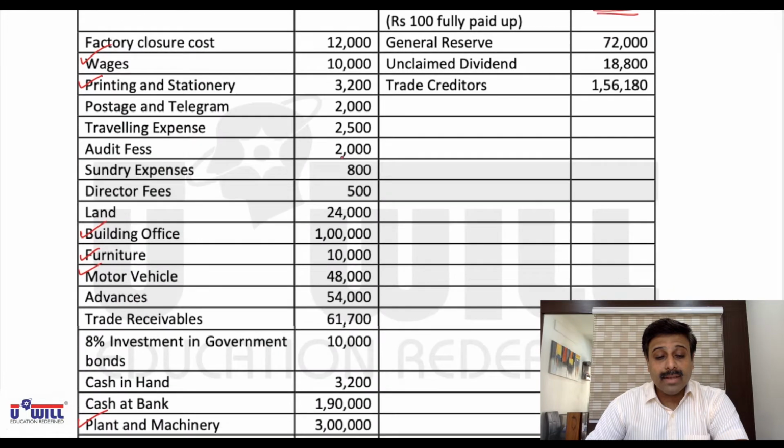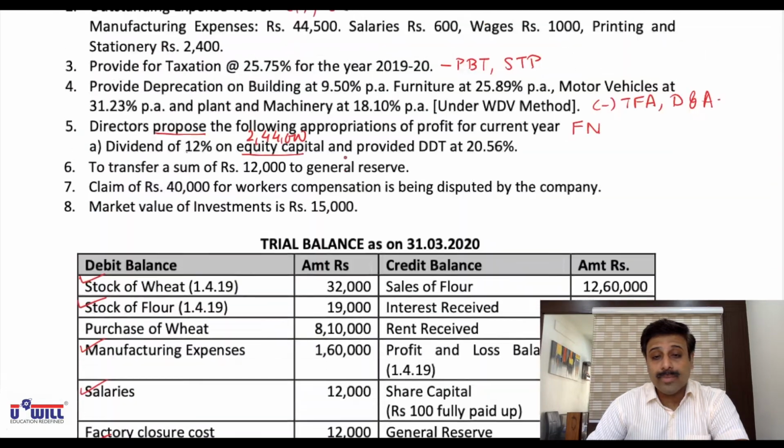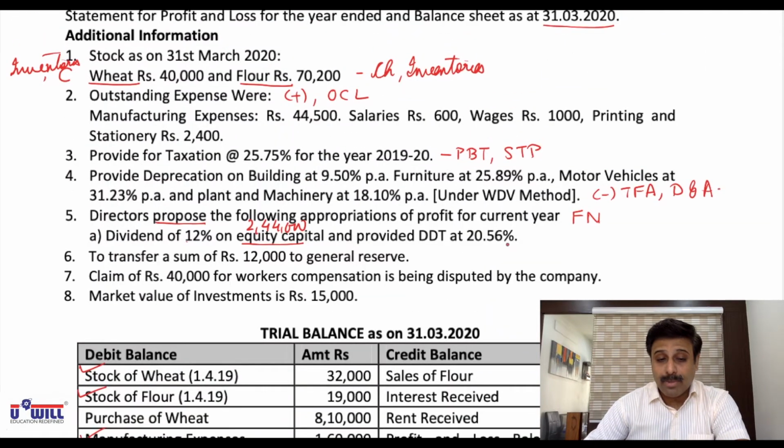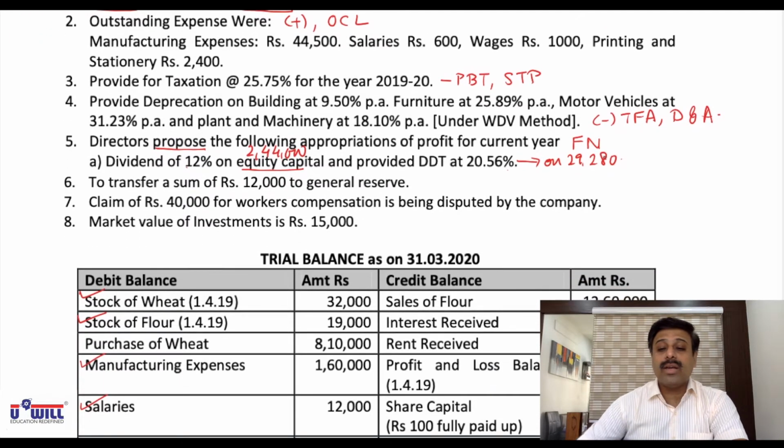Okay, and there are no calls in arrears. And DDT of 20.56% will count on this. What is 12% of 2,44,000? 29,280. So dividend will be 29,280. DDT will count on 29,280 at 20.56%. Okay, it will come in footnote as a contingent liability.